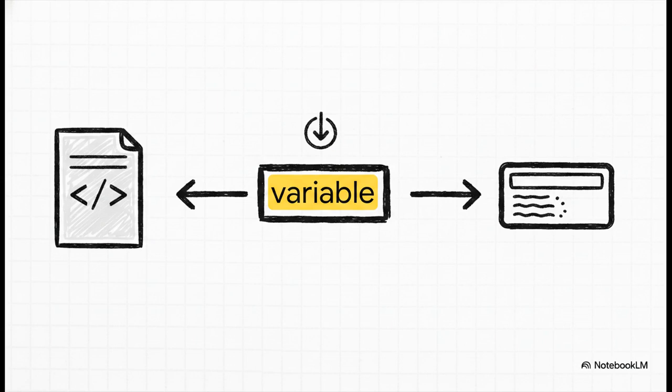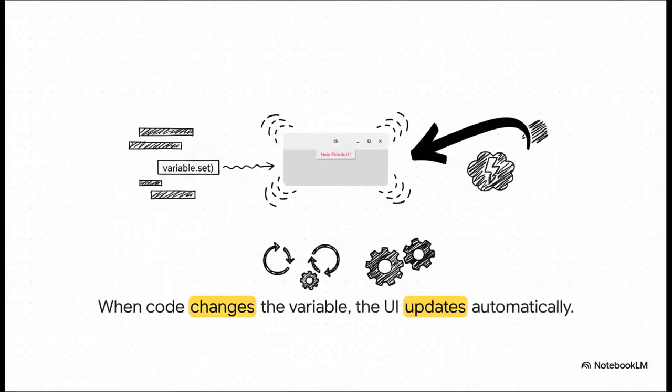Simple. You use the set method, but you use it on the variable, not the widget. This lets your program programmatically change the content of that linked widget whenever you want. And here's the result. The moment your code calls variable.set, boom, the user interface updates instantly. You don't have to call any extra functions or manually refresh anything.